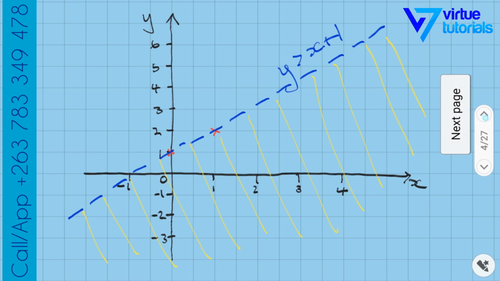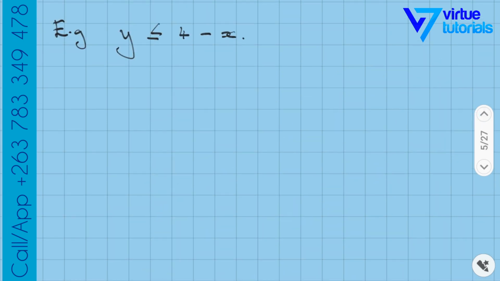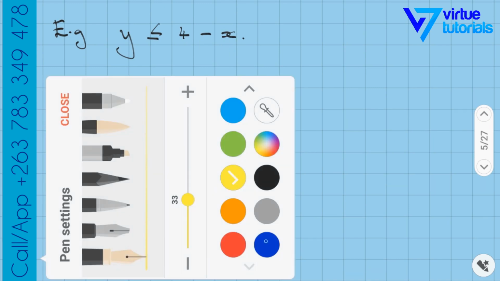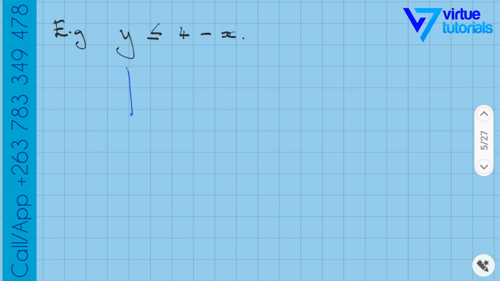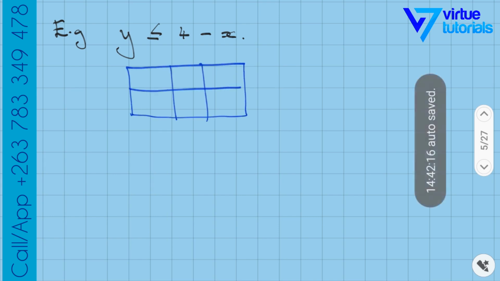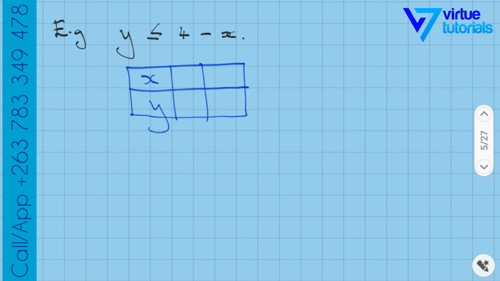So let's try another example. We have y is less than or equal to 4 minus x. I draw my table of values again, with two values of x and two values of y. I can pick any two values. In this case, I can pick a 0 and, for interest's sake, a 3.